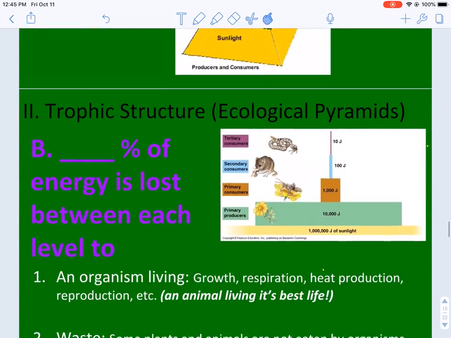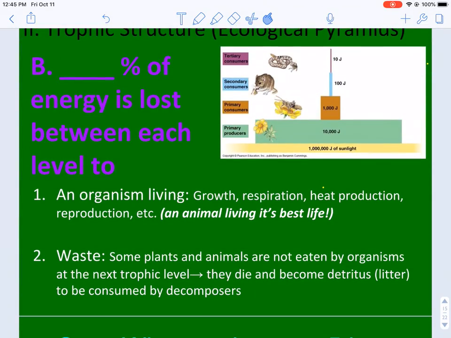And why exactly? Well, the first part is an organism living. This is where that heat is coming from, but it's also going to growing, respiration or breathing, reproduction, basically an animal living. The second thing that loses is waste. Some of that energy goes to being wasted.